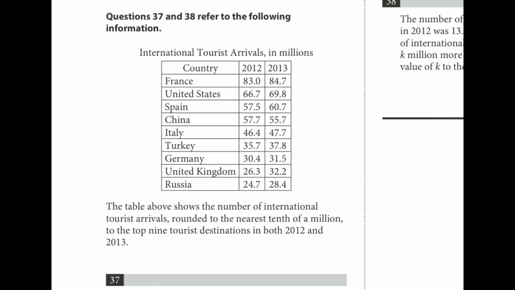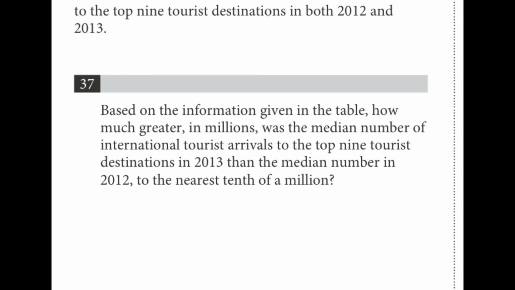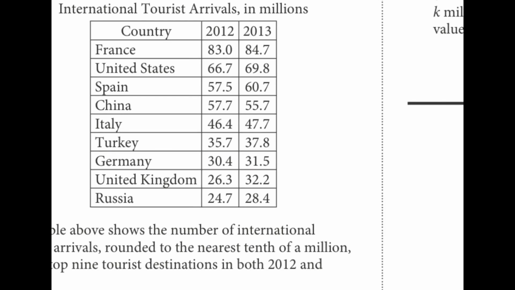Last two questions are about this table. International tourist arrivals in millions across 2 different years in different countries. 37, they ask how much greater was the median number for 2013 than the median number in 2012. So in 2013, if I cross off the biggest and the smallest until I'm left with one value, I have 47.7.